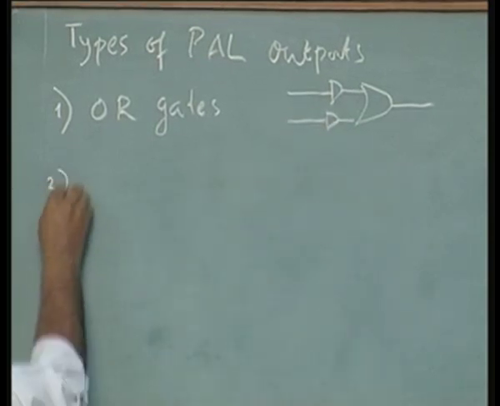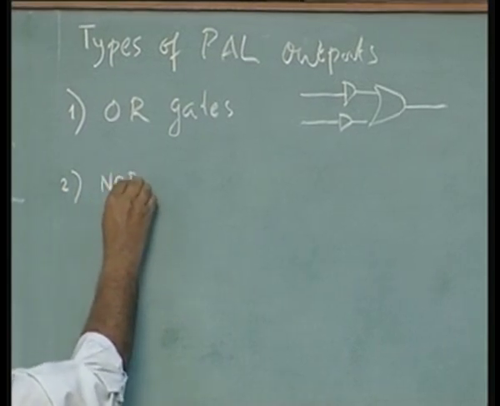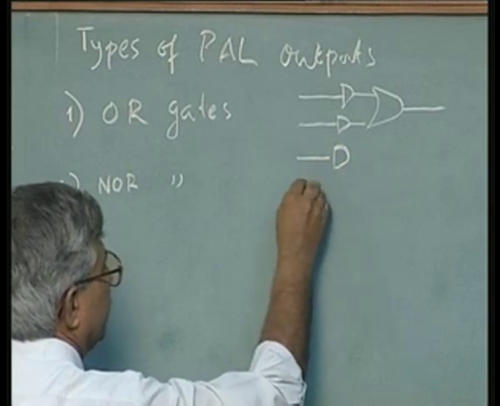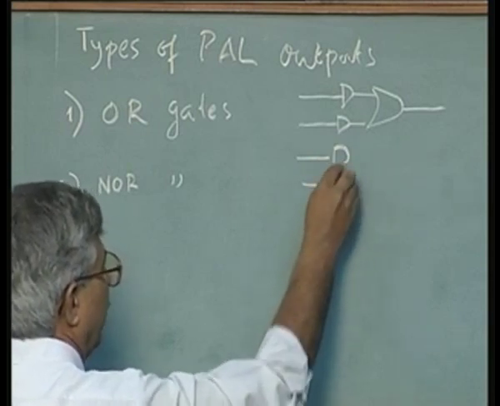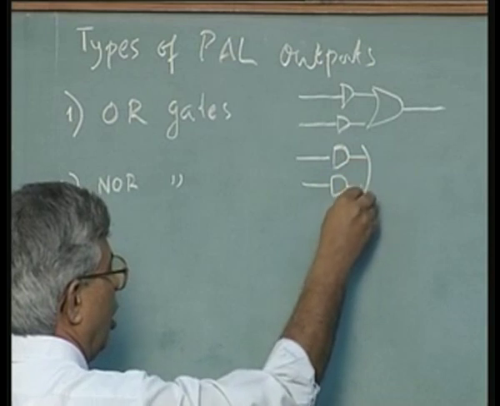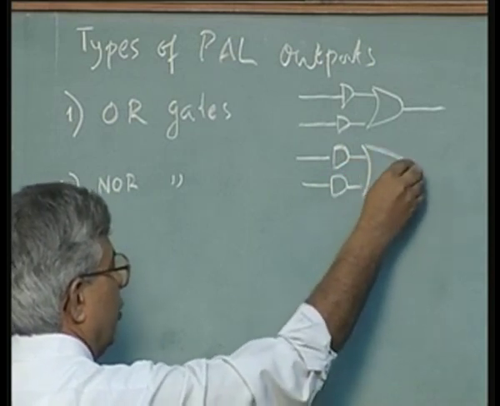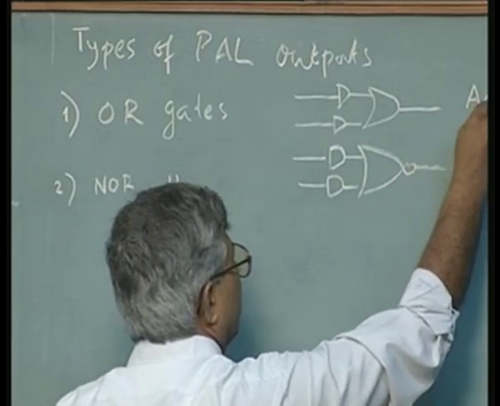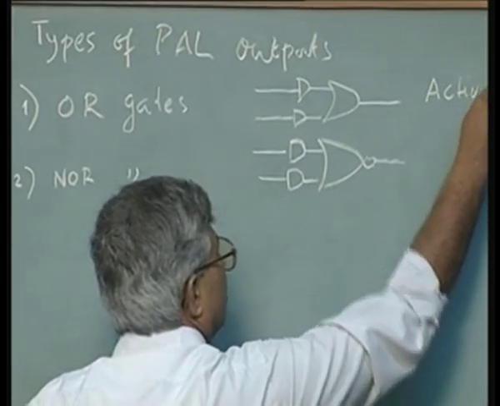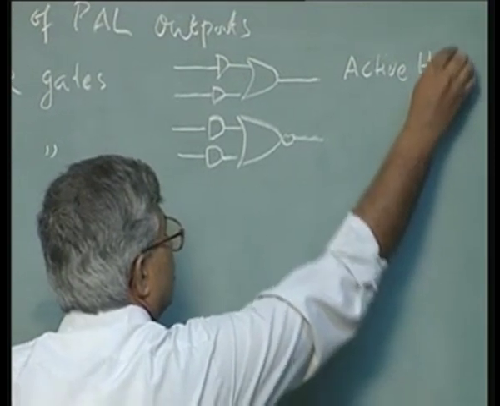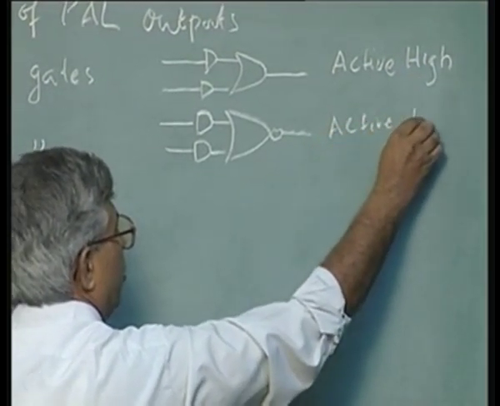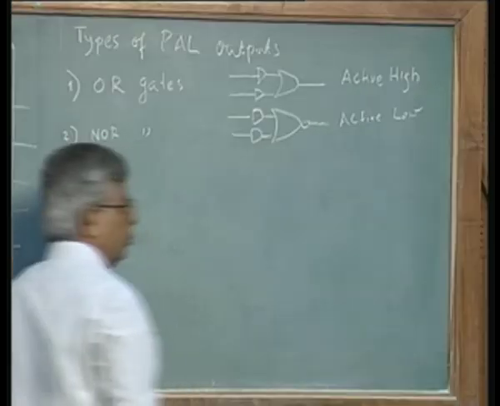I can also have a NOR gate output. The input AND gates can feed into an OR gate which is inverted, which means there is a NOR output. So this is an active high combinational logic output, and this is an active low combinational logic output.